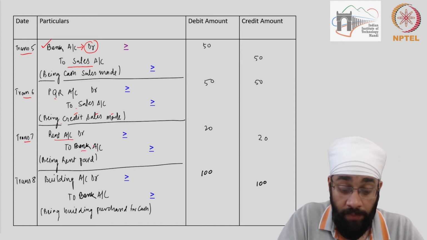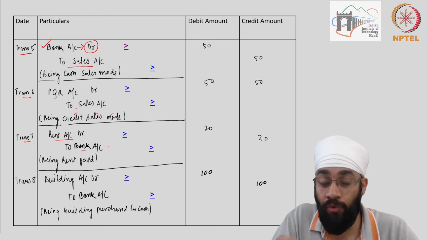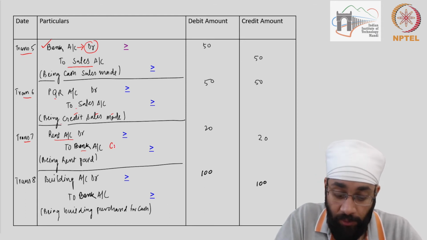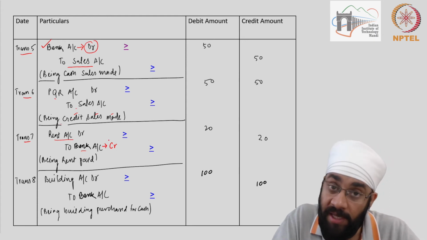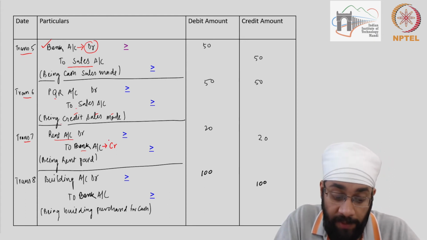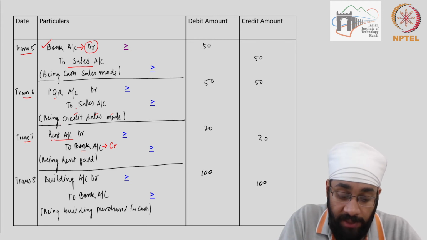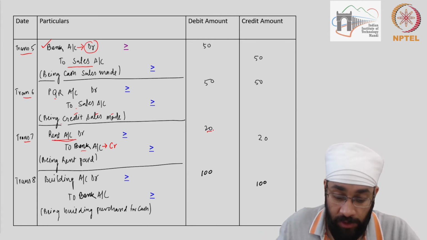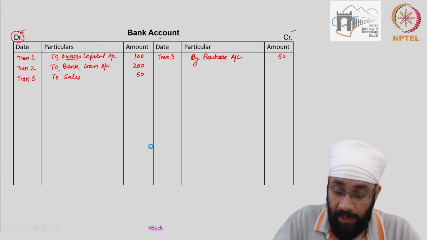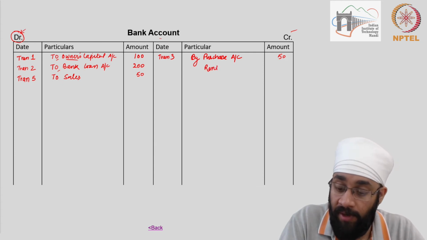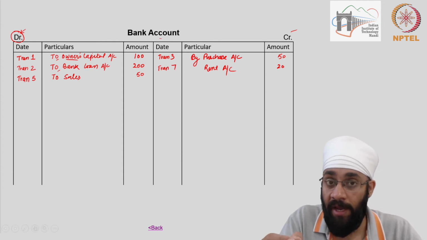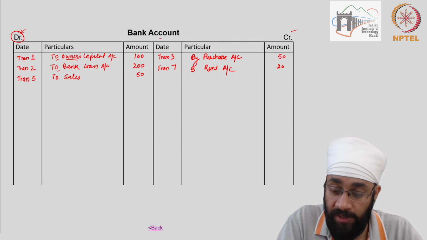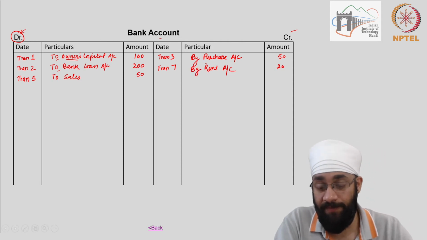Let us go to transaction 7 now. Rent account debit to bank. You are making a payment through the bank. So the bank account is being credited here. So we are going to go to the credit side of the bank account, and we are going to write rent account 20. So we go to bank account and we write here rent account, the amount is 20. This is transaction 7, and as the convention is, we are just going to prefix "by" here, right?